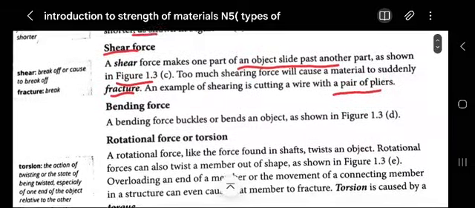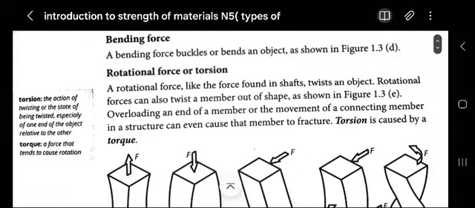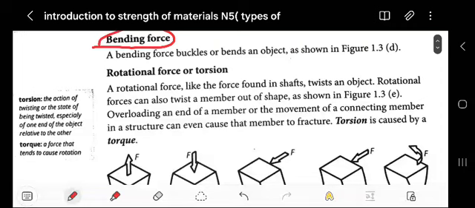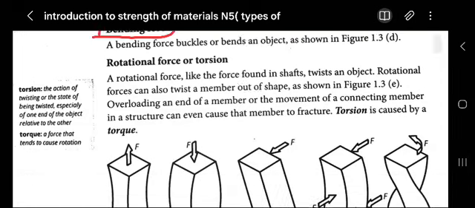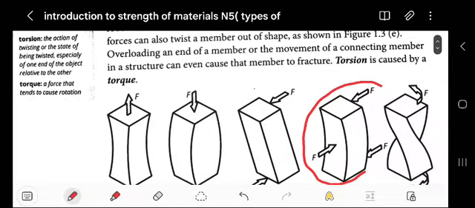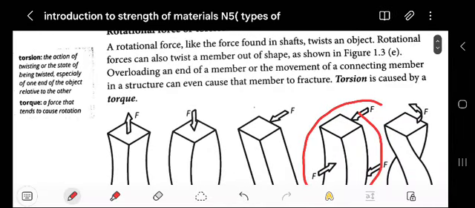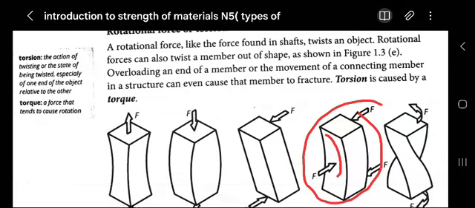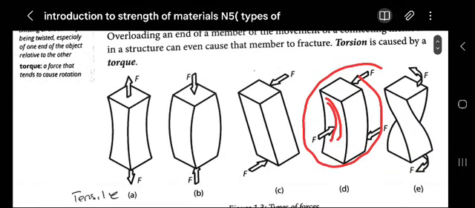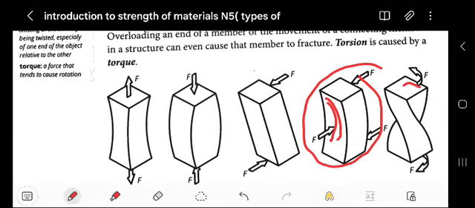Then bending force, this one we know. It's a bending couple or bending of an object. This is the one we apply to beams. When we apply the forces here, you see there will be bending. Then this one is twisting, you try to twist.